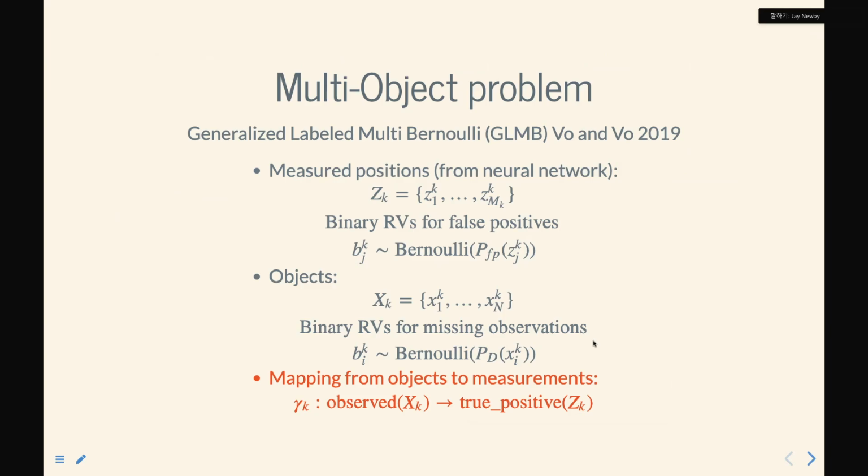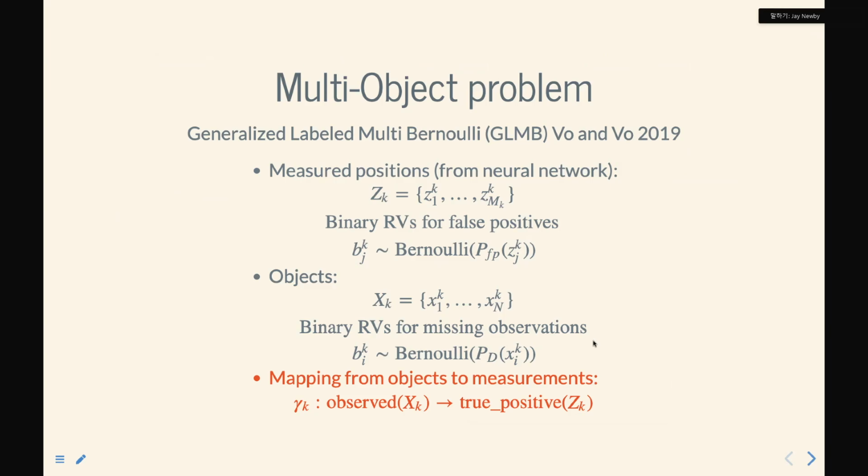I could track something after it leaves and then re-enters the field of view. So I stop assigning it measurements, and then maybe there's a measurement after. I'm going to show you an example of this later. So I have another binary random variable for every time for whether or not each of these objects is going to get assigned a measurement.